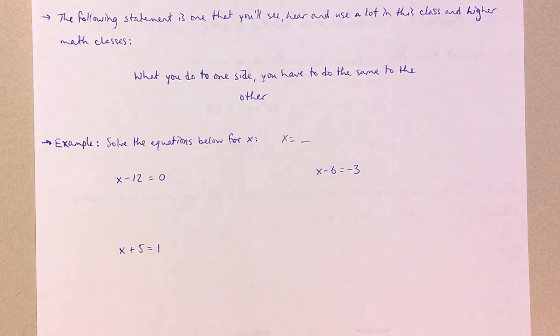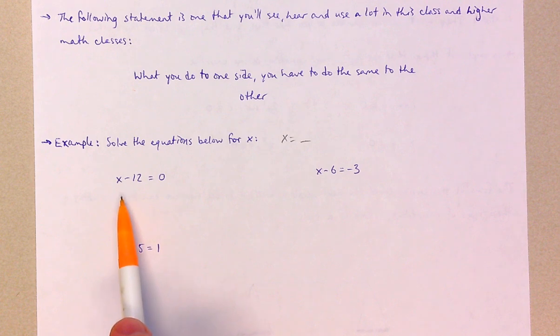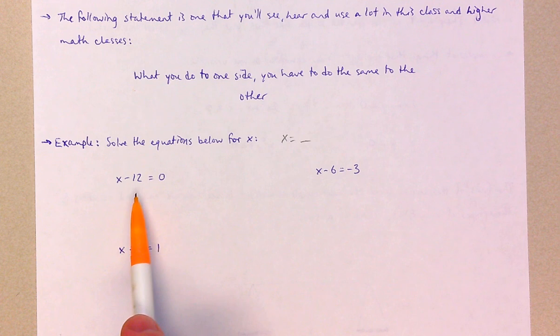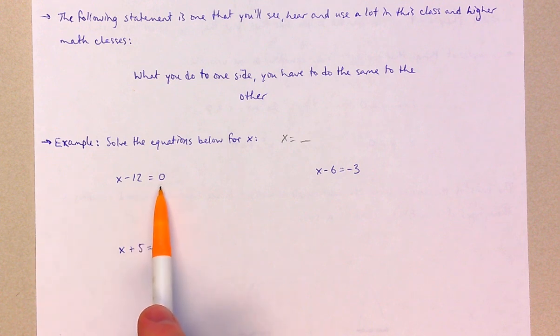Why not? So I need to get rid of this minus 12. I need to do something to this side so that I get rid of this 12. And then whatever I do to this side, I have to do to the other side of my equation. I have to do that same thing to the 0 as well.